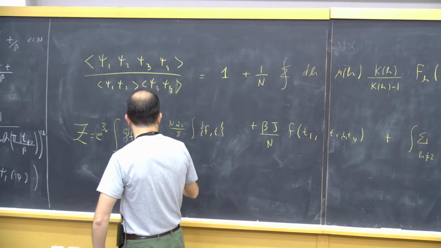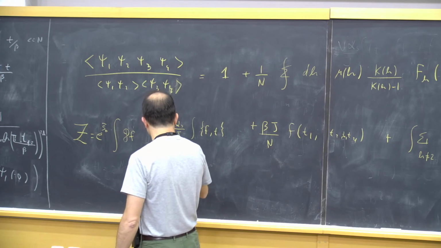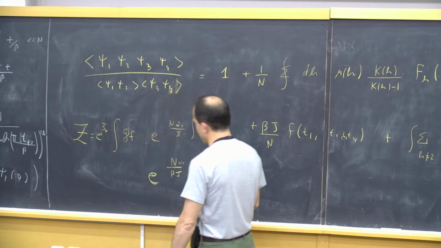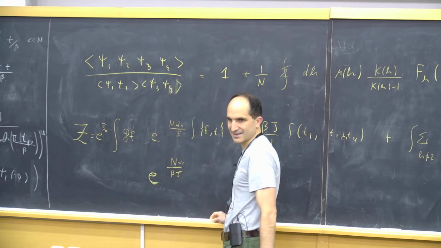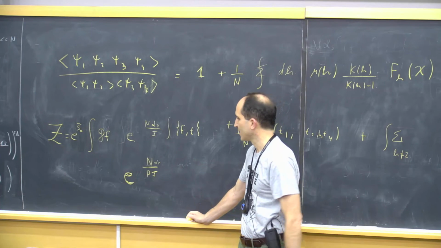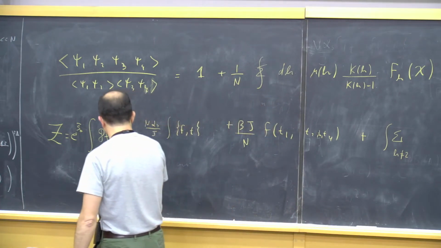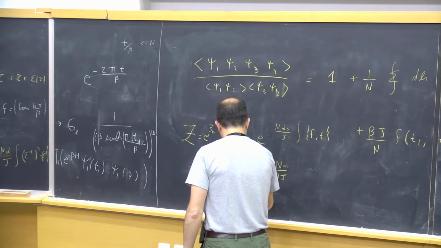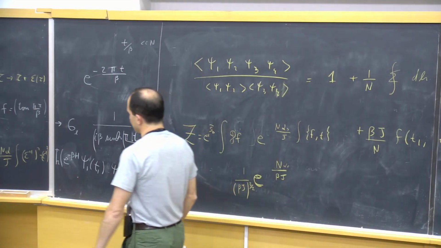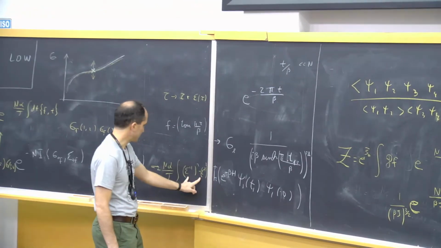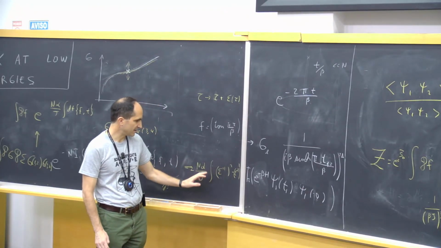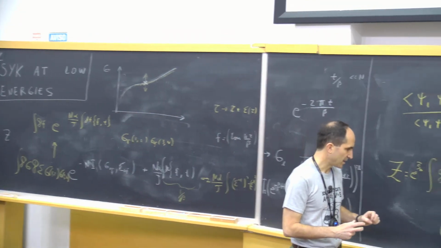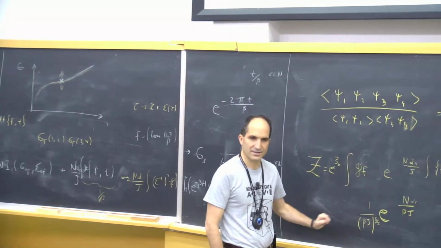So you have a term that goes like 1 over beta j. Maybe this alpha s, there are some factors of pi I'm not writing down. This was just simply the classical answer, the answer we also mentioned. Then there is something that looks like a one-loop correction. We would get this if we were to do the Gaussian integral over the epsilons around the saddle point, which gives us a determinant, and that determinant evaluates to this quantity.